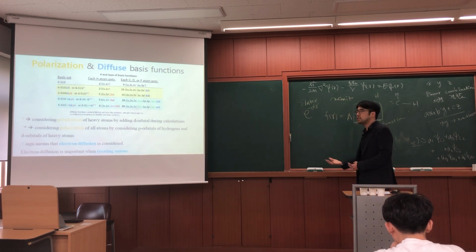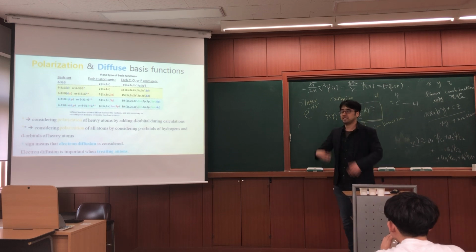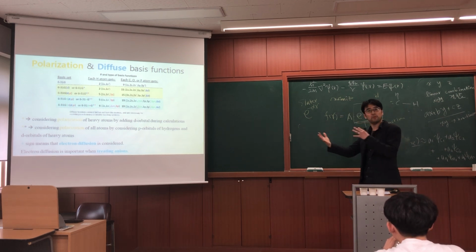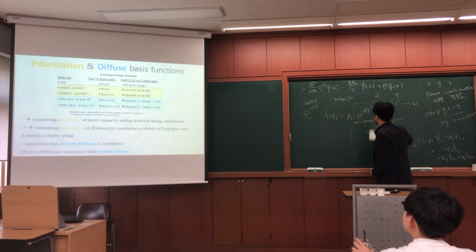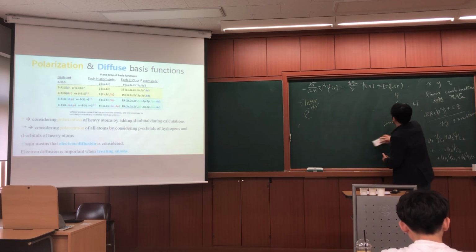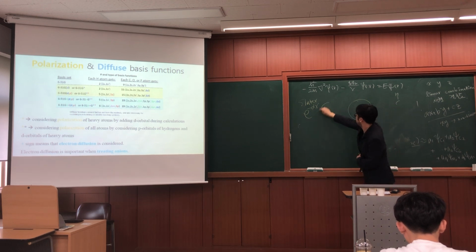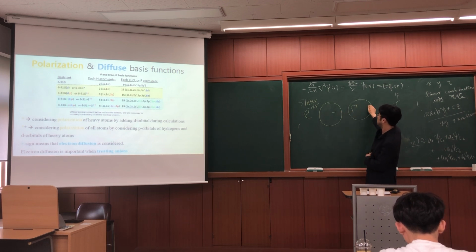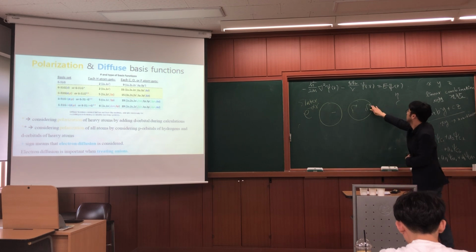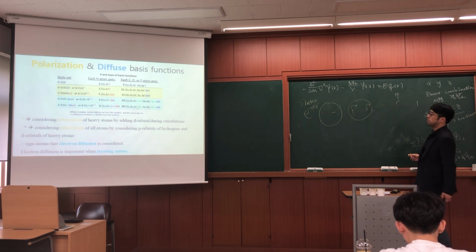You know what polarization is, right? Polarization means, when there is an orbital, if something negative comes to here, then this side becomes slightly positive and this side becomes slightly negative, right?